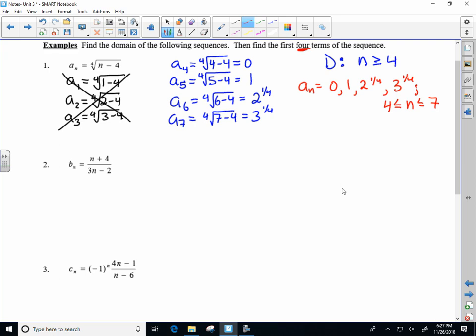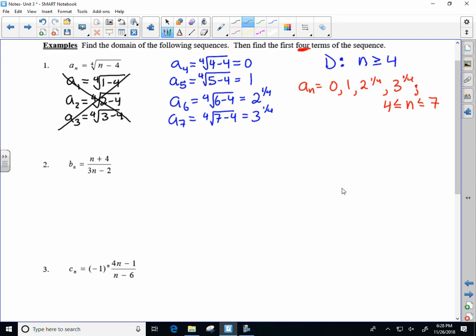All right. Now, number 2 is very similar. The idea again being that you need to identify any trouble spots, but just listing out the first 4 terms often will designate those trouble spots. So, for example, just looking at this one, I don't want n to make my denominator equal to 0. But just by looking at it, the only way that's going to happen is if n is a fraction.